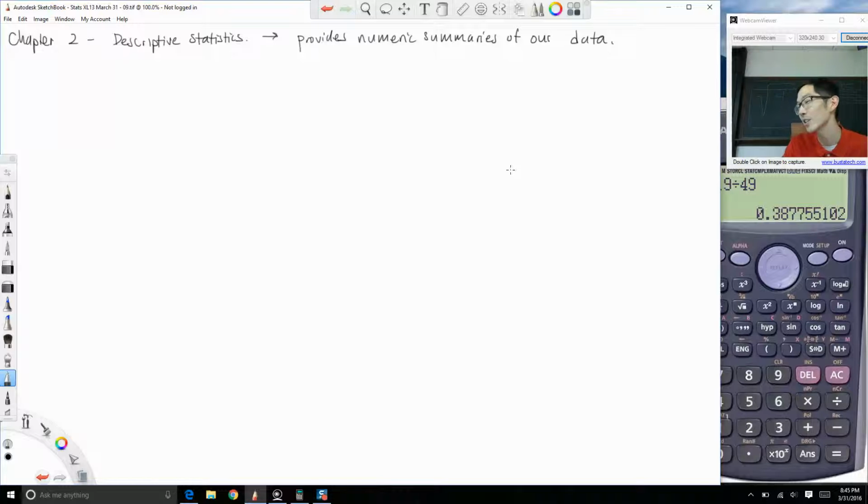It doesn't tell you all of this stuff. We're just summarizing it with single numbers. So it provides numeric summaries of our data. These are especially useful when making comparisons between data sets.